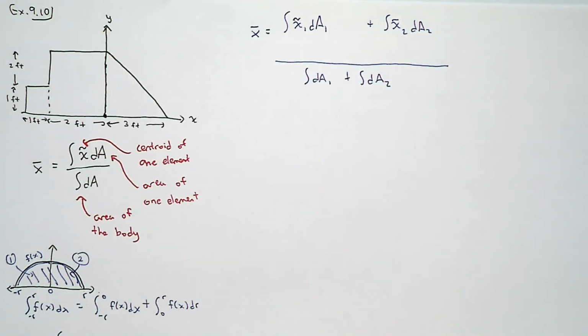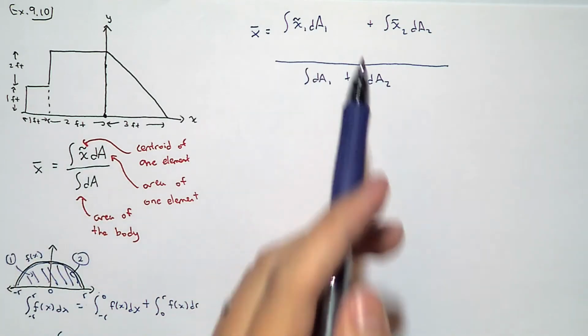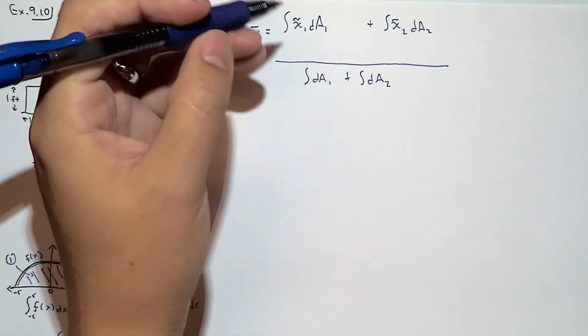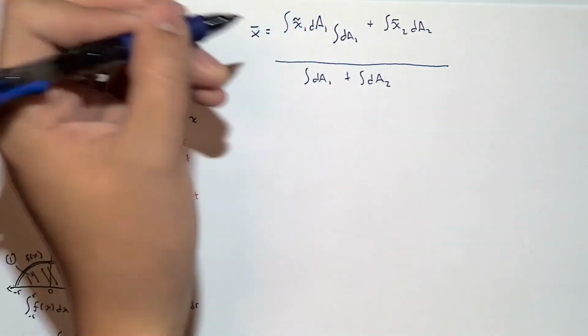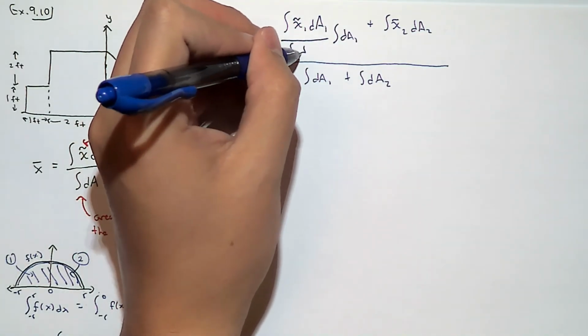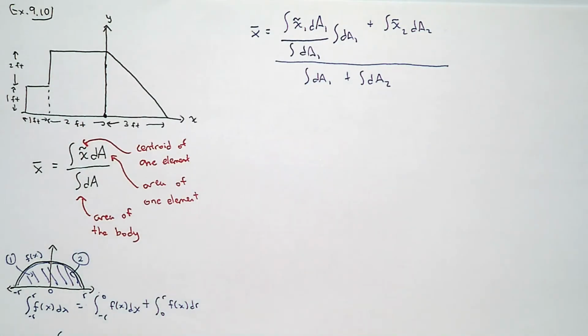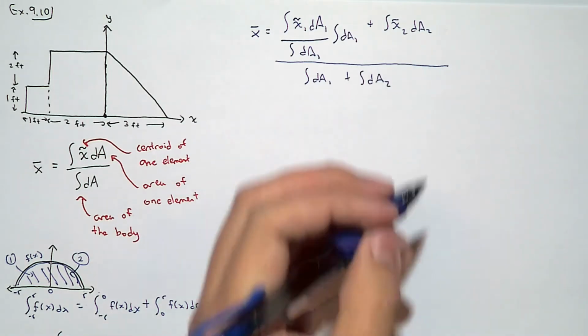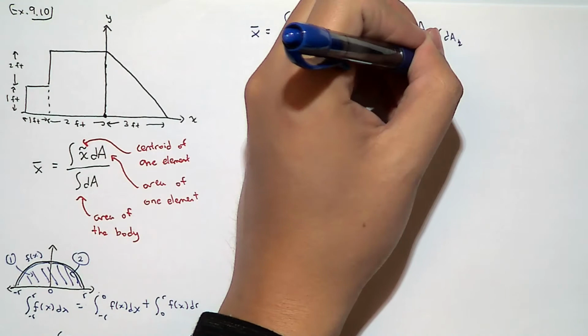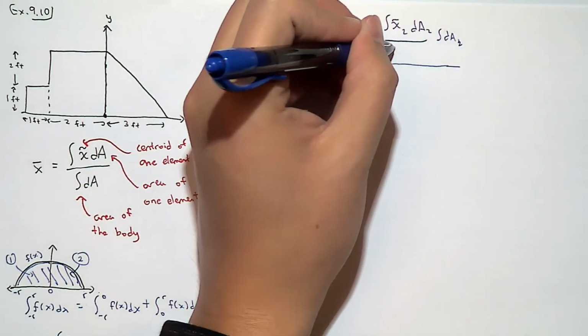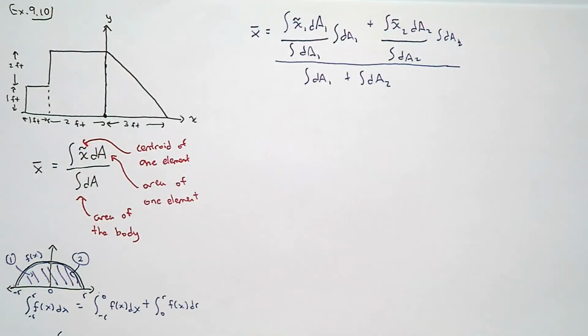We know that this is no different from this equation, we're just splitting up the terms. But now if I multiply this term by dA1 over dA1, I can say that this is all this multiplied by the integral of dA1 divided by the integral of dA1. And I'm going to multiply this term by integral dA2, I keep saying it and forget to say integral, and divided by integral of dA2.